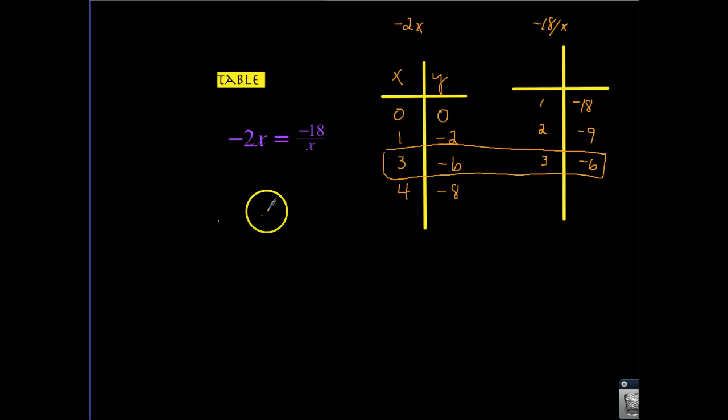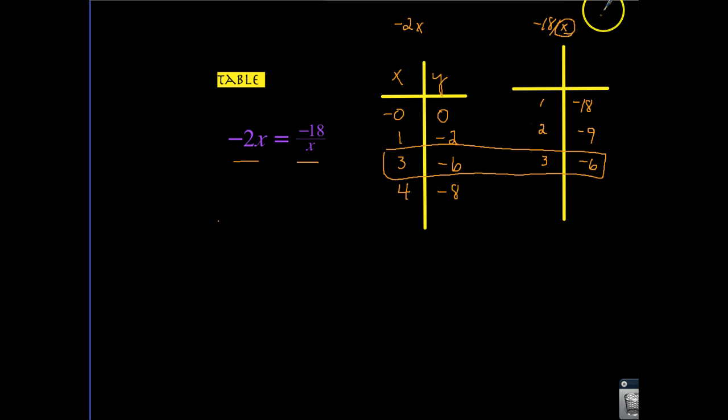Let's do a table. So now we have negative 2x is equal to negative 18 over x. If I put 0 in, I can't put 0 in here.